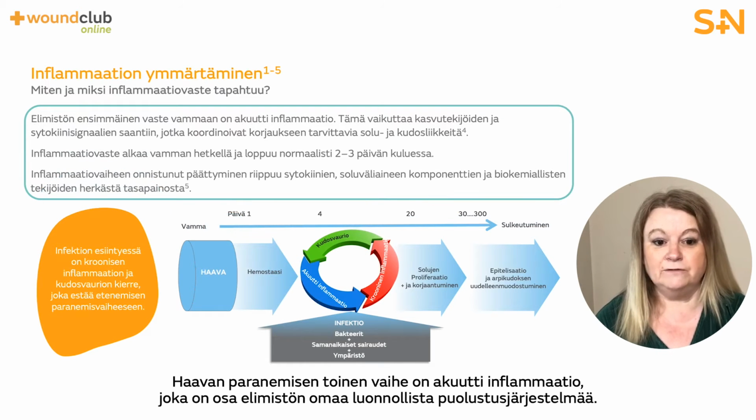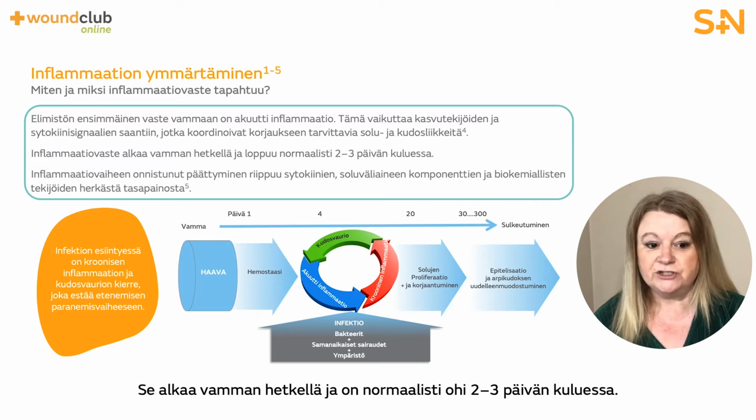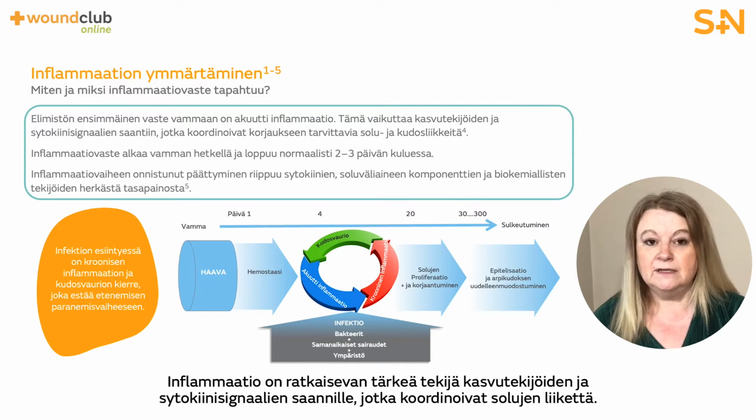The second phase of wound healing is acute inflammation, which is part of the body's own natural defense system. It starts at the time of injury and normally resolves within 2 to 3 days. Inflammation is crucial in supplying growth factors and cytokine signals that coordinate the movement of cells.